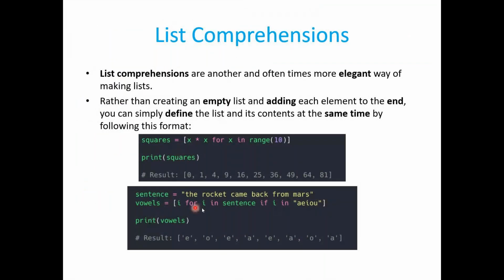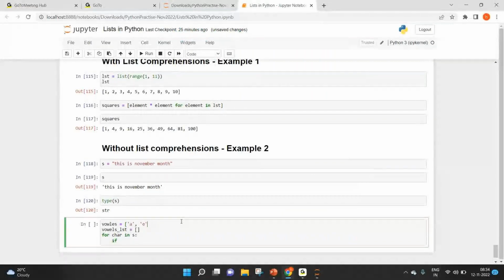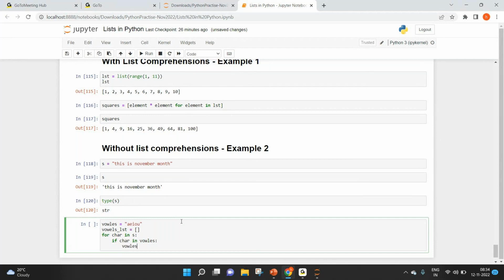So first I have to define these vowels, a, e, i, o, u. So if that character is in vowels, then add that character to that vowels list.